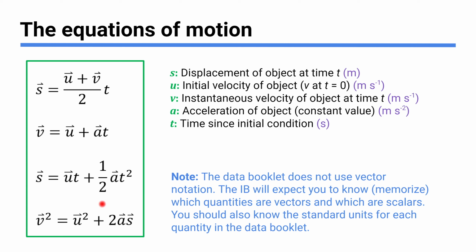They want you to understand every variable and every equation, what it means, what the context is, how to use them. So you need to know which of these are vectors: velocity, acceleration, and displacement are all vectors, whereas time is a scalar. So know that these are all vectors, which means direction is going to matter, which we'll see when we practice.